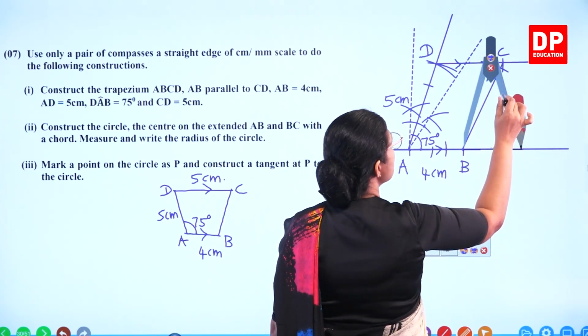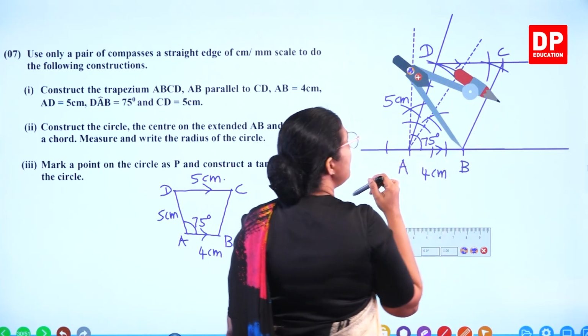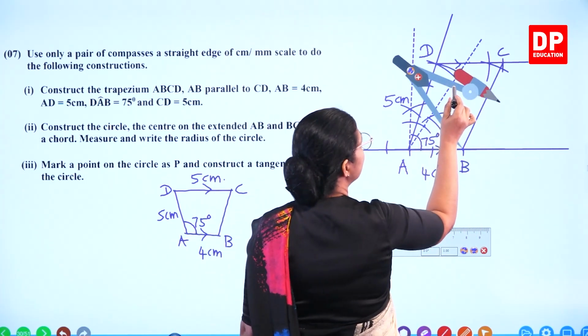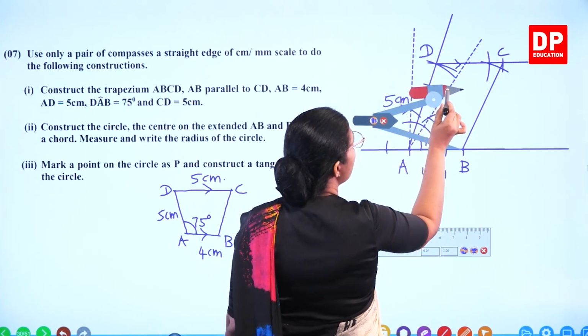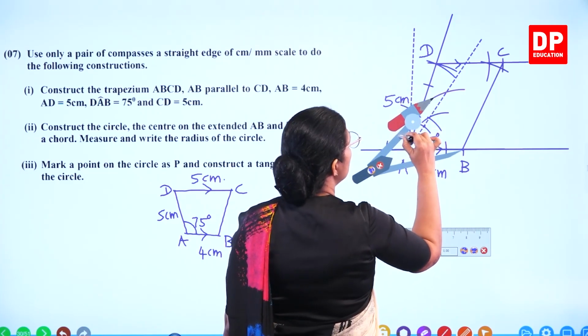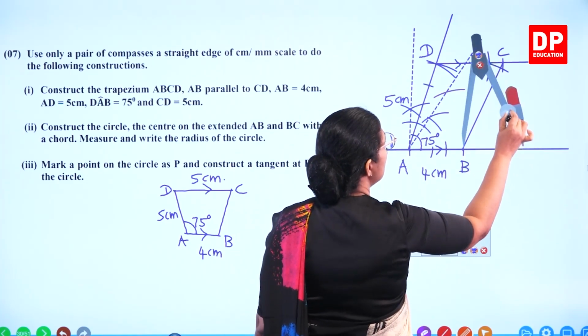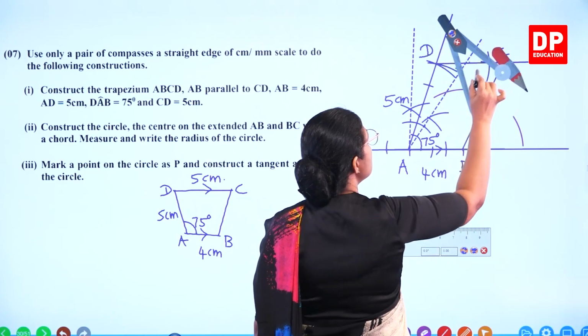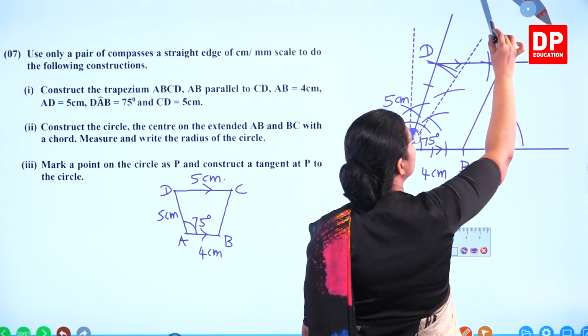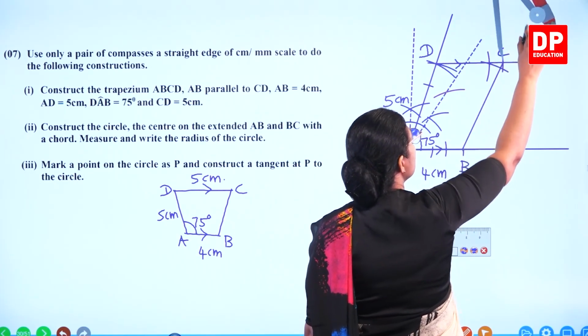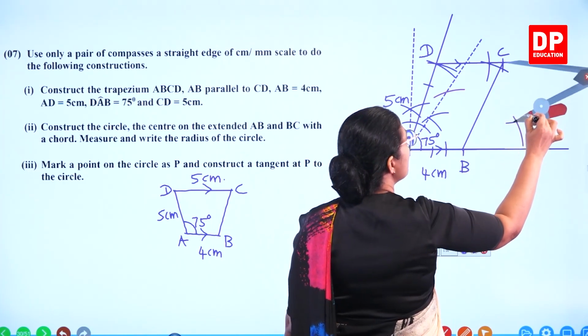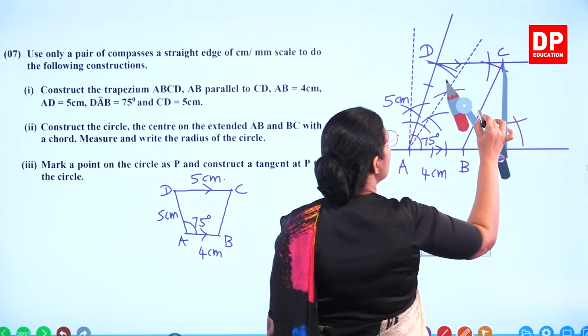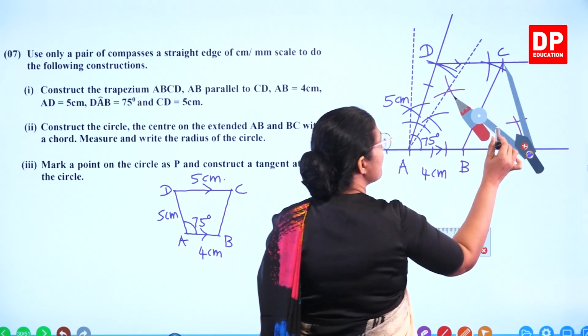So take a distance more than the length of BC and you can mark an arc above and below the BC line. Then do the same thing for C point. You keep it and draw the below arc and here this one.